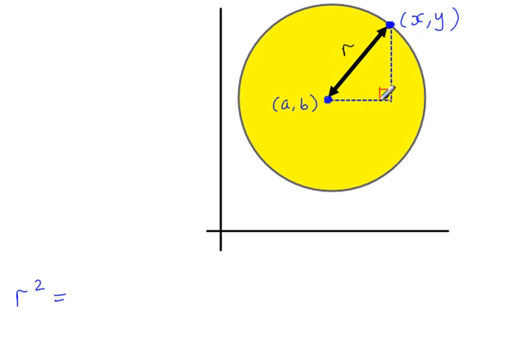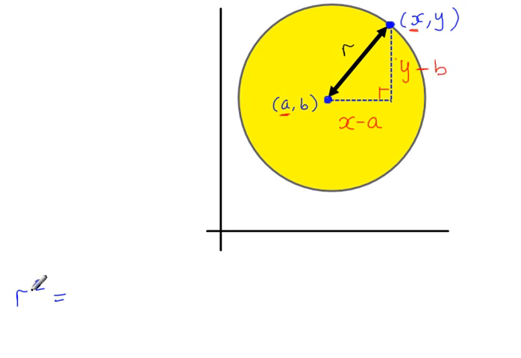Well, this side here, the length is just the difference in the x coordinates. So we've got a, we've got x. So this side here is just x minus a. This side here is just the difference in the y coordinates, so y minus b.